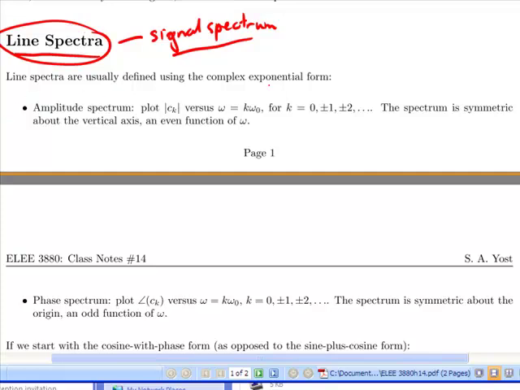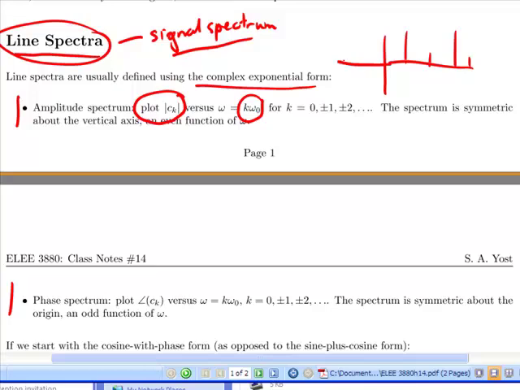These are usually defined using the complex exponential form. There are two parts, the amplitude spectrum and the phase spectrum. The amplitude spectrum is a plot of the amplitude, or the magnitude, of CK versus omega. Again, omega is multiples of the fundamental frequency, so they happen at discrete frequencies.